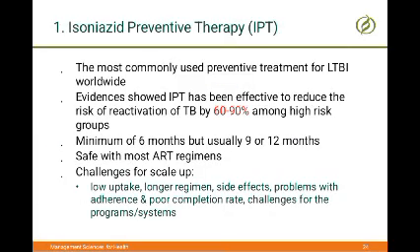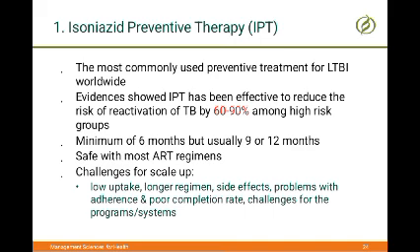1. Isoniazid preventive therapy or IPT. The most commonly used preventive treatment for latent TB infection worldwide. Evidence showed IPT has been effective to reduce the risk of reactivation of TB by 60 up to 90% among high-risk groups.